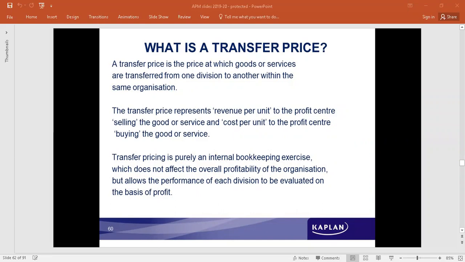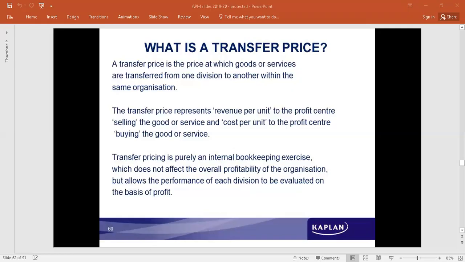The concept starts with this: since they are already selling these products in the outside market, would they charge the same price that is offered to customers in the external market, or will there be any concession given? Charging the same price as to the external customer has a profit margin included in it. So while transferring the material, should they consider the profit margin included in the selling price, or exclude it?